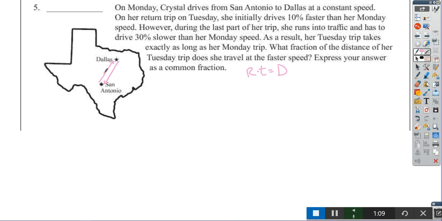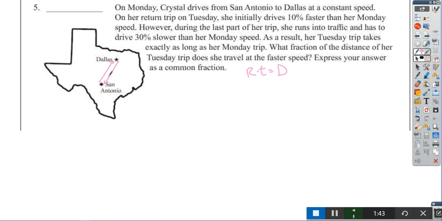So I am going to talk about things as wholes and fractions of a whole. We know that the speed that they're driving is going to be one whole trip, right? Does that make sense so far? Then that means that this part of the trip here is broken into two parts.